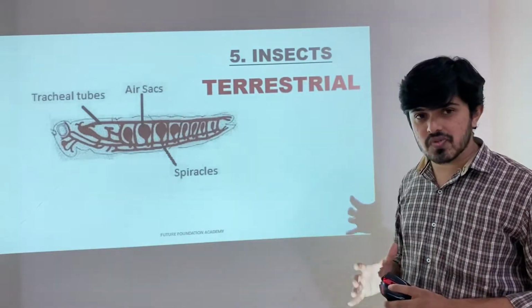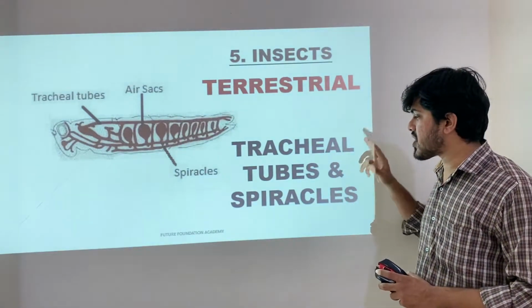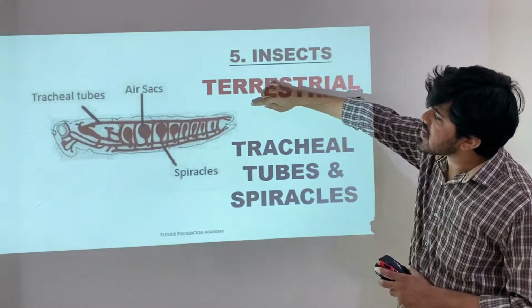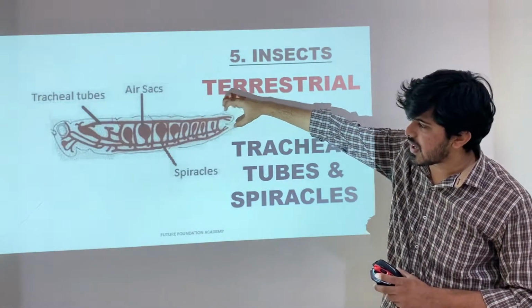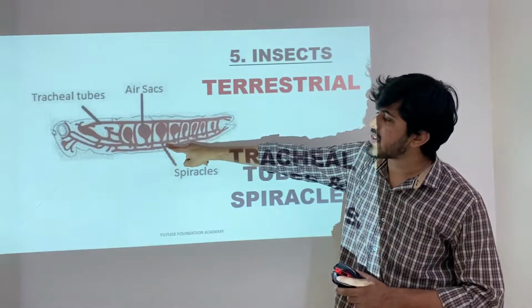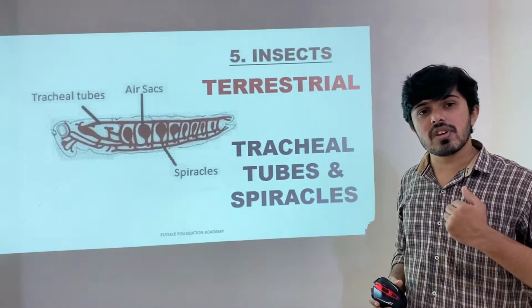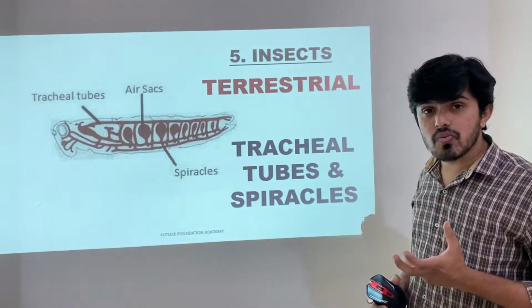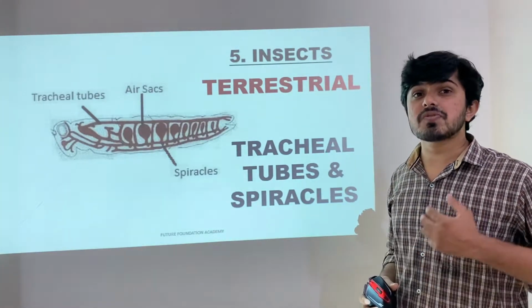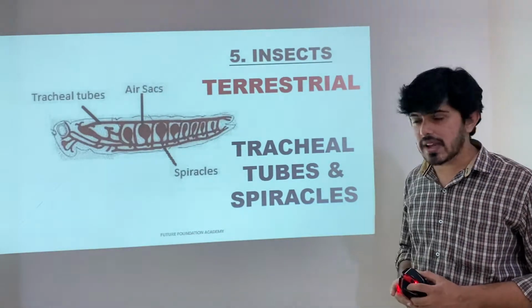Insects are terrestrial and their main two organs are tracheal tubes and spiracles. These are long tracheal tubes which can absorb oxygen, that is gases, and the opening of the air sac near the tracheal tube is called a spiracle, which helps in transportation of gases. So an MCQ question can be asked: which of the following are the respiratory organs in insects? You have to remember tracheal tubes and spiracles.